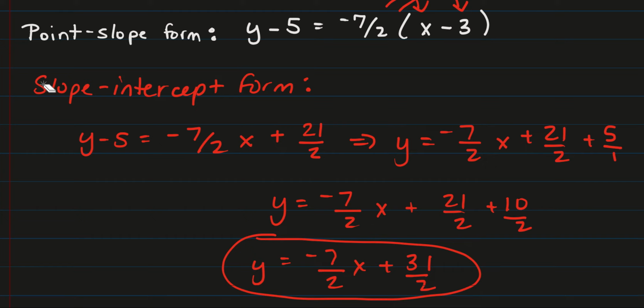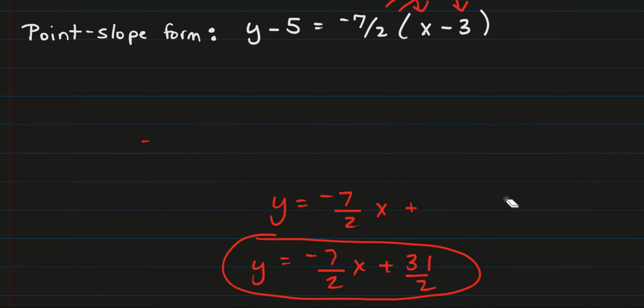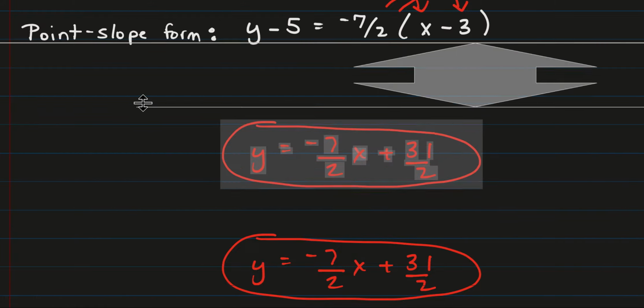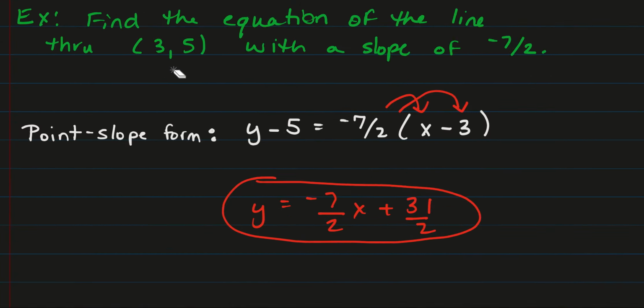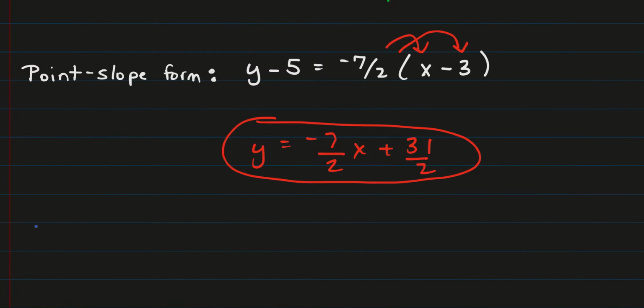Okay? Now again, just so we understand that there's another way to do this, I'm going to erase all of this, move this up, and let's try to solve this problem just using the slope-intercept form of a line. So the slope-intercept form is y is equal to mx plus b.